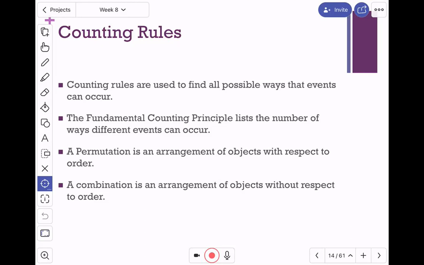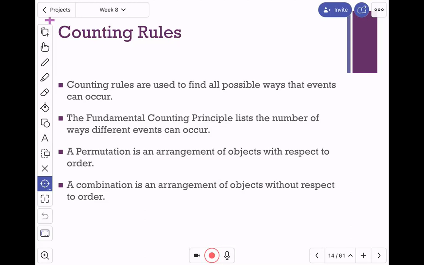And then we can start rearranging things to get what's called a permutation, where the order of the events actually matters. For instance, if I run a race with 7 people, how many ways can the 7 people medal first, second, and third, or gold, silver, bronze? Order matters because the first place finish is different than the second place finish, and the second place finish is different than the third place finish.